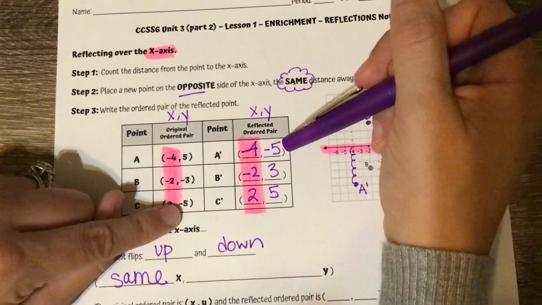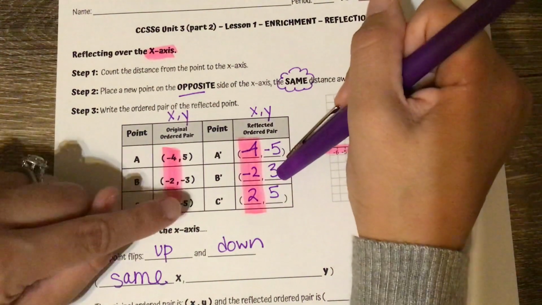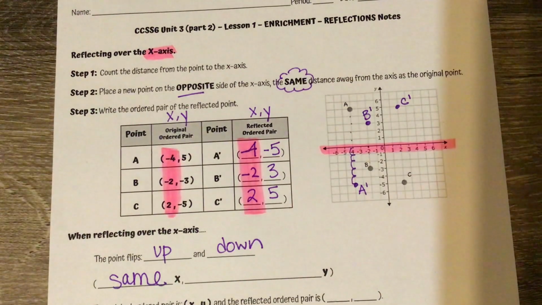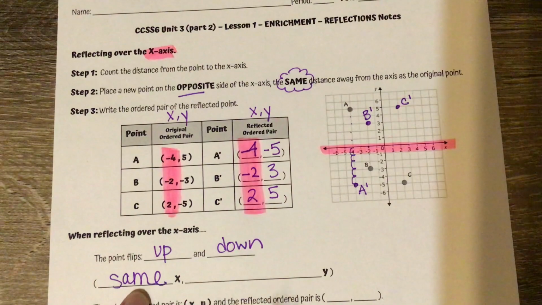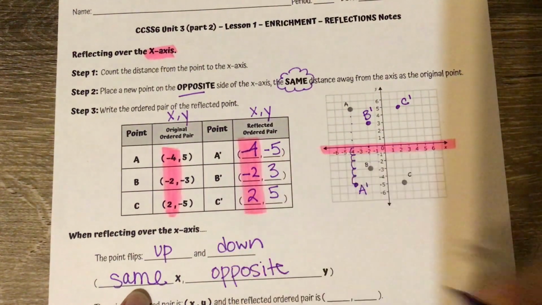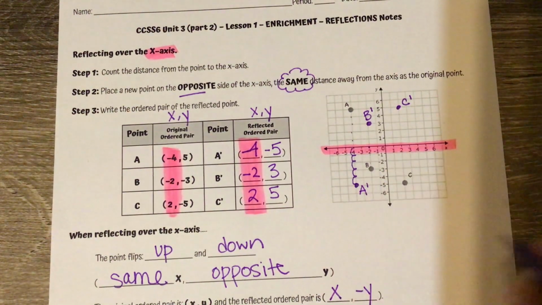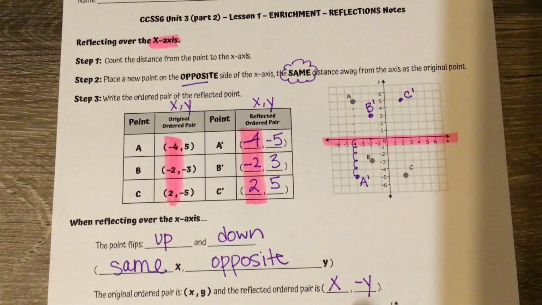So we didn't just add negatives to them, they became the opposite. Positive to negative, negative to positive, negative to positive. So the ordered pair for the reflected point is going to be the same x and the opposite y. So x is the same, y becomes the opposite if we use a negative to denote that.